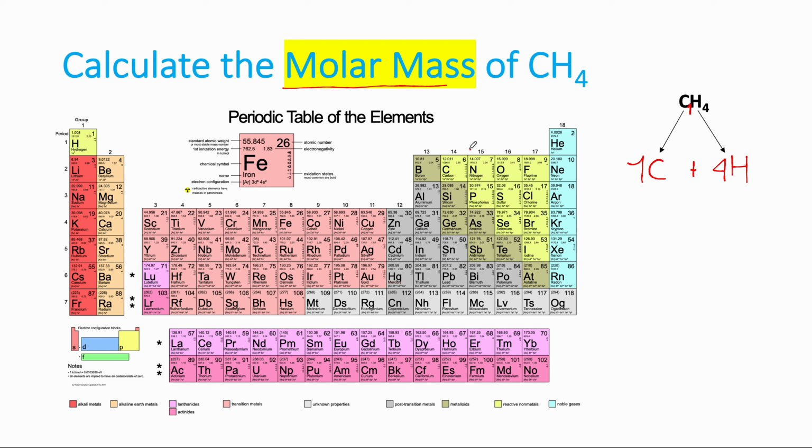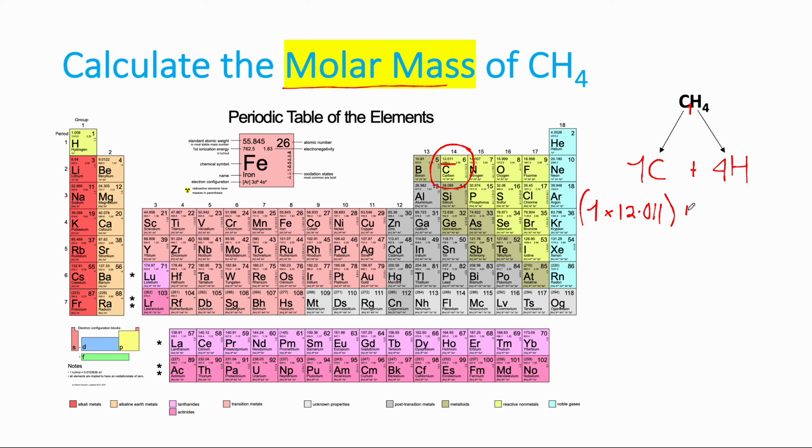Carbon is right here. And the weight of one individual carbon atom is written in the periodic table, on the top right here, 12.011. So there's one carbon, and this carbon weighs 12.011. So it's 1 times 12.011.